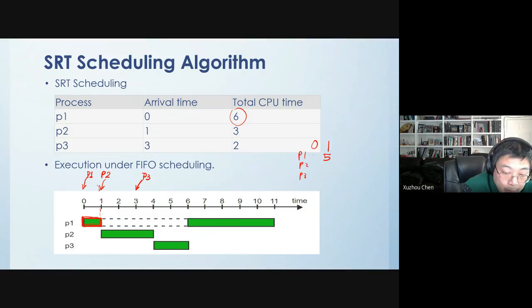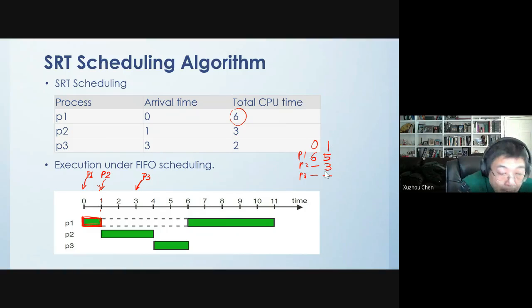So I just put the remaining time. Process 1 arrived at time 0, the total remaining time is 6. Process 2 is not there, 3 is not there. Now at time 1, process 2 arrives, with 3 total CPU time. And process 3 is still not available.